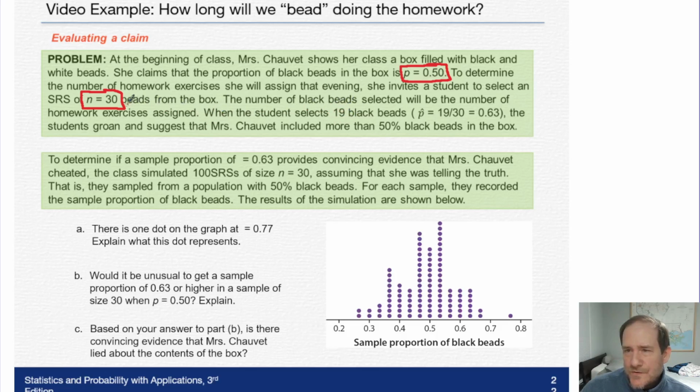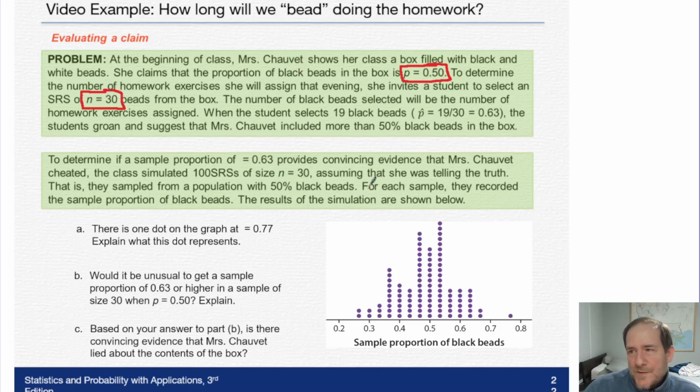Does 19 differ from our expected value by so much that you doubt the claim that this was 50% in the first place? Do you feel like Mrs. Chauvet filled that box, sorry, I don't know why I keep saying vial. There was a picture before of a glass vial filled with beads. This is just a box. But do you feel like she's some criminal mastermind who's telling them, oh yeah, it's only 50% black beads, but really it's 75%, so they end up with extra homework?